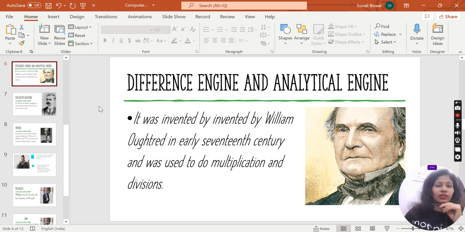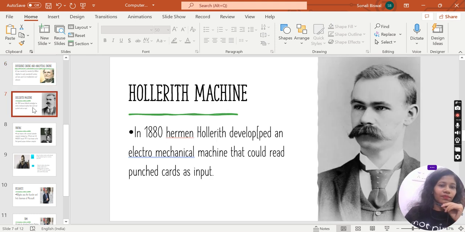The next one developed is the Hollerith machine, in 1880. Herman Hollerith is the scientist who developed it.